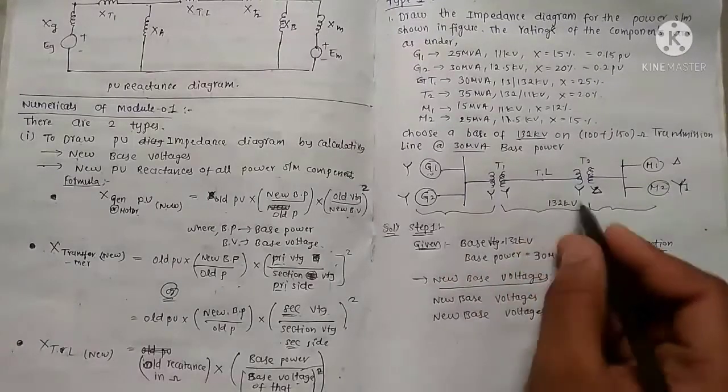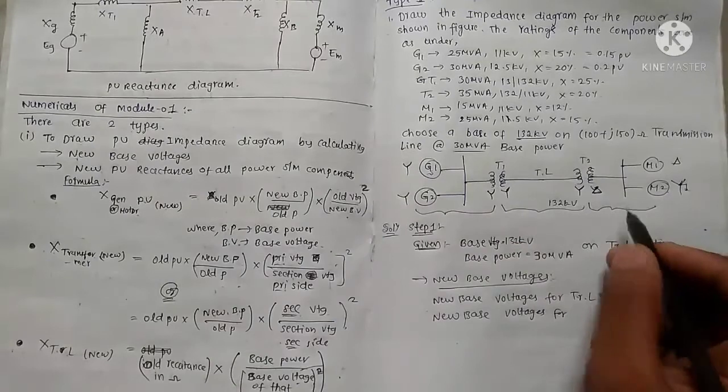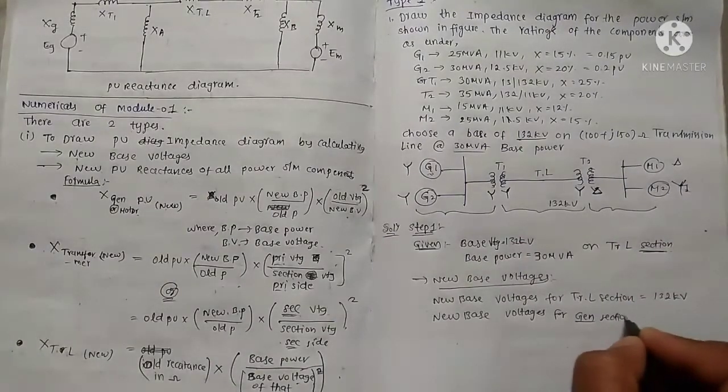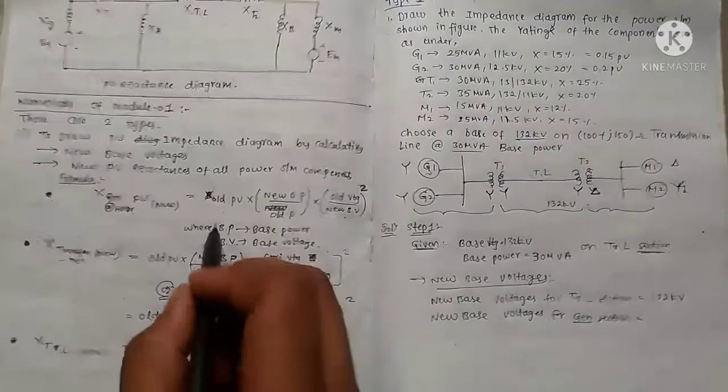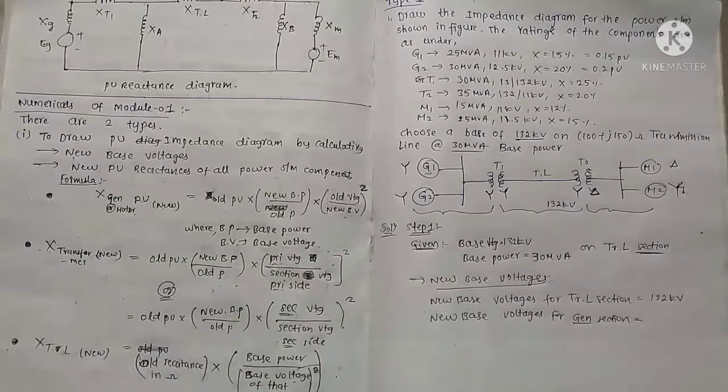We have chosen this one, already given, and we need to calculate this section and this section voltages, starting with the generator section. According to the formula, for generator to calculate, sorry, this is not for base voltage, right?